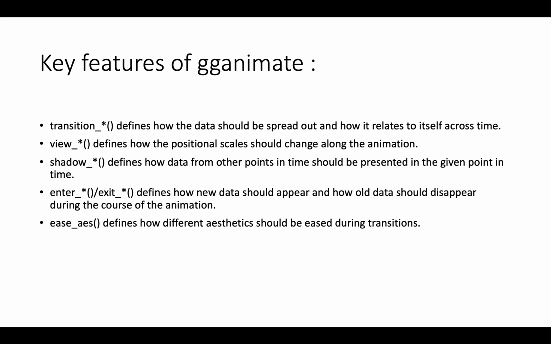Shadow defines how the data from other points in time should be represented in a given point in time. Enter and exit defines how new data should appear and how old data should disappear during the course of animation. Aesthetic defines how the different aesthetics should be interpolated during transitions.